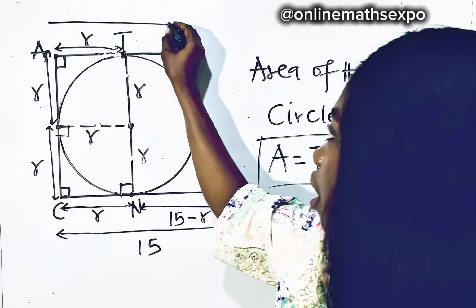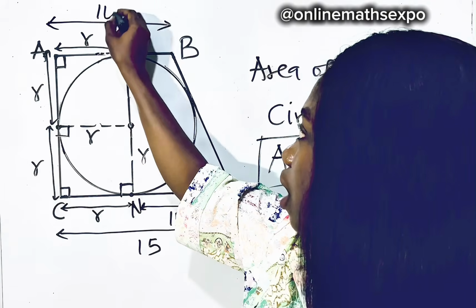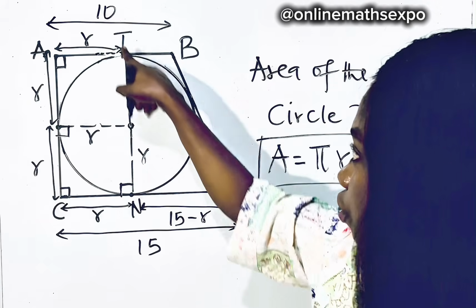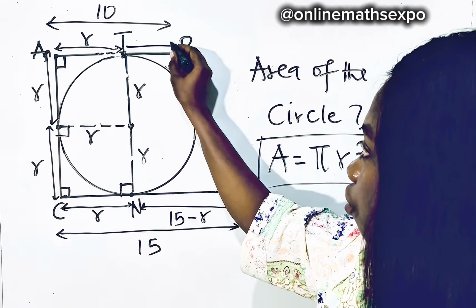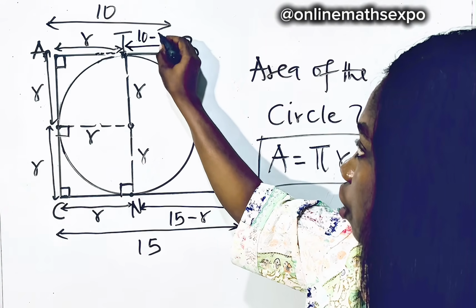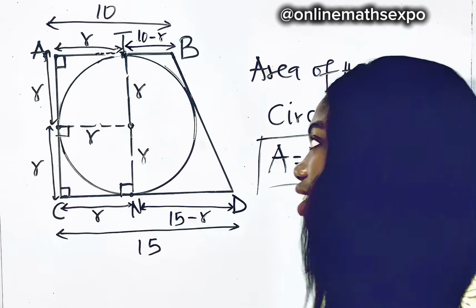Remember, we have length AB given as 10 units. If this is true, it means the remaining length TB is going to give us 10 minus R. You still have not changed anything.